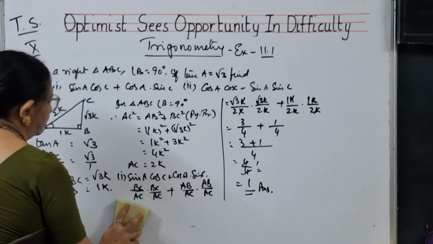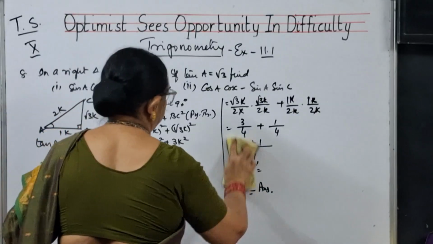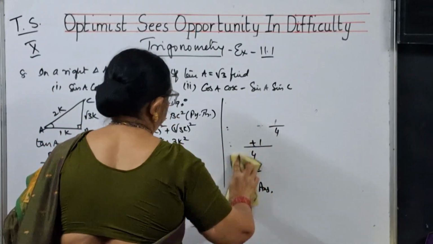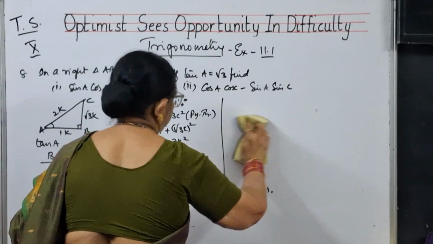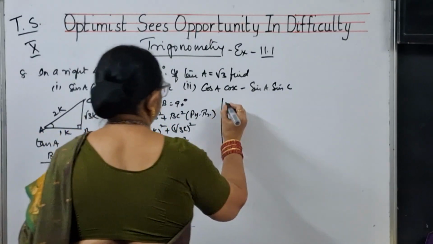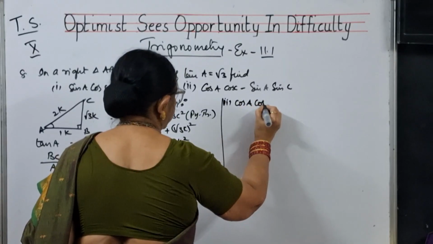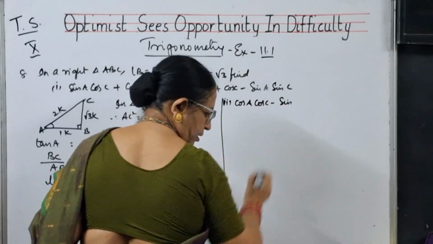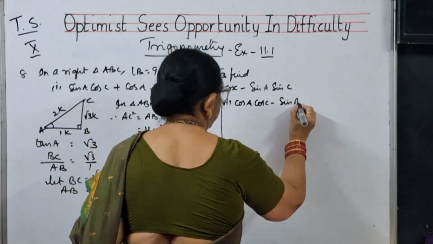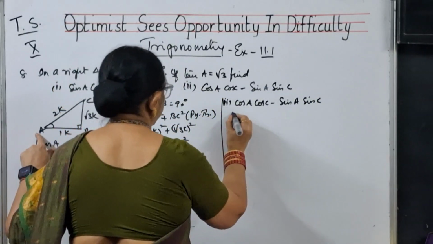Now let us see the second bit. The second bit is cos A into cos C minus sin A into sin C. So what is cos A?